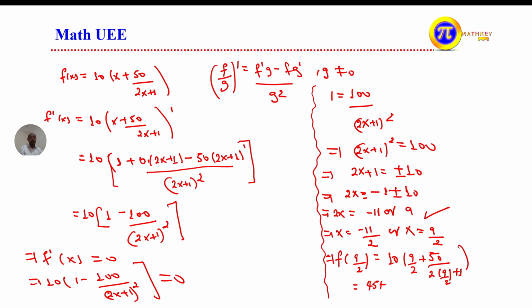Plus, we cancel the 2 by 2, what remains is 9 plus 1, that is 10.